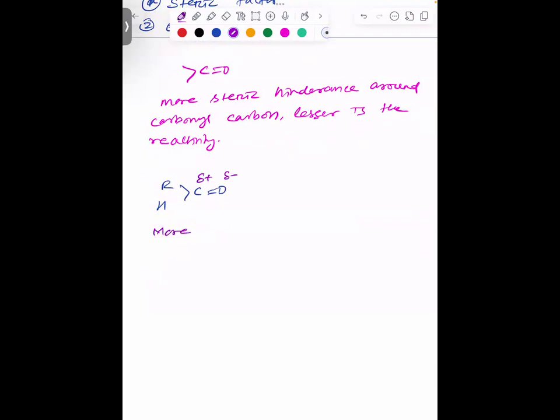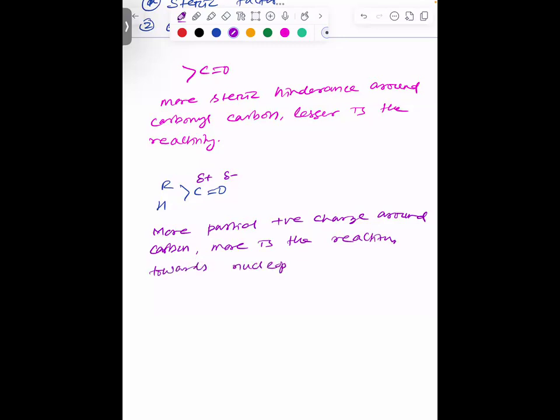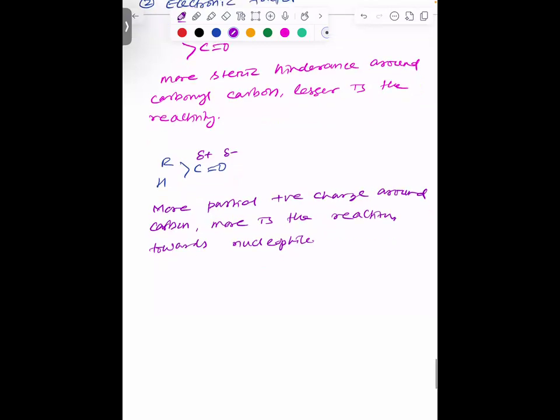So we can say, the more partial positive charge around carbon, the more is the reactivity towards nucleophile, yes or no? Now see, this partial positive charge, how will it be stabilized or diminished? It happens if an electron releasing group is attached.